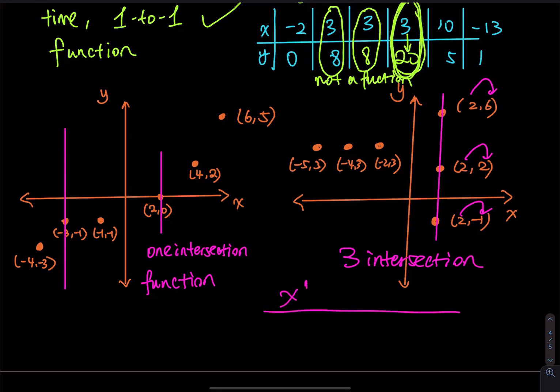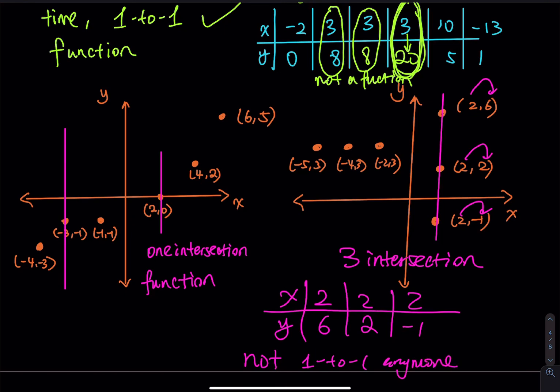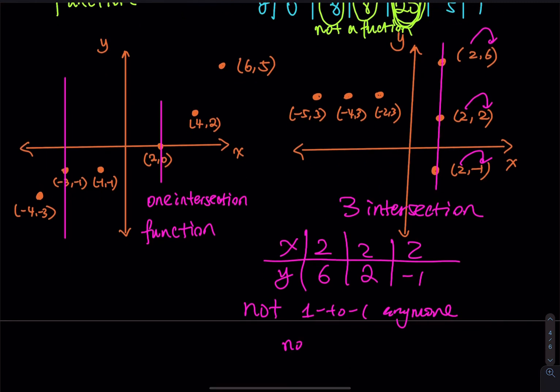So if you have a table of x and y, you have 2, 2, and 2. So this is not 1-to-1 anymore, because you use the x value 2 three times. So this is 1-to-3, then this is not a function.